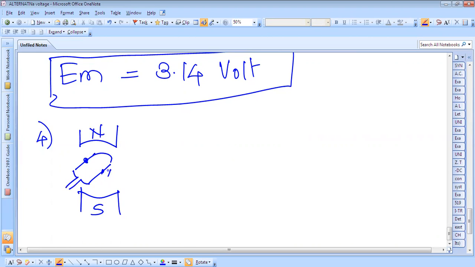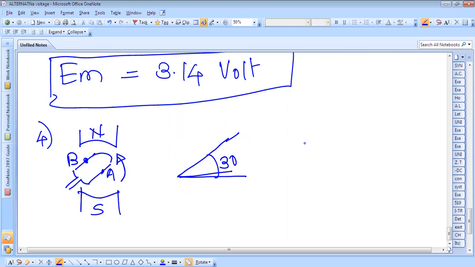We have to rotate this coil A and B in this direction. They are saying that we have to find the value of generated EMF in this coil when the coil has rotated through 30 degrees. Suppose it is like this. This angle is given. It is rotated through 30 degrees.